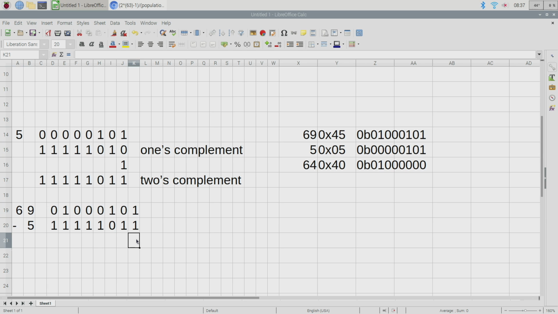This is where it's going to get a little fun, because 1 and 1 is 0, carry a 1. What is going to go here? 0, carry a 1, 0, carry a 1, and so on, down to 1, carry a 1, 0, carry a 1, 1.